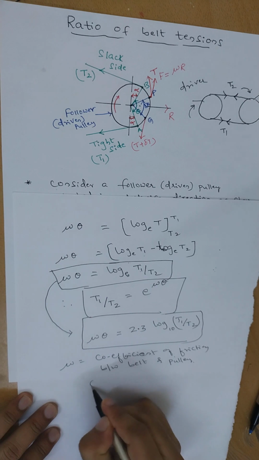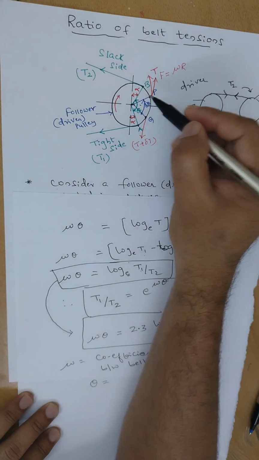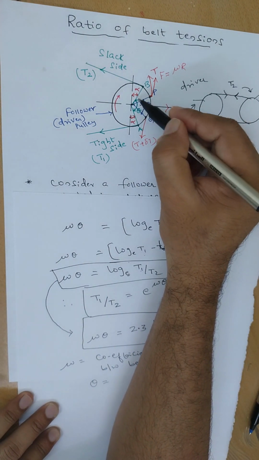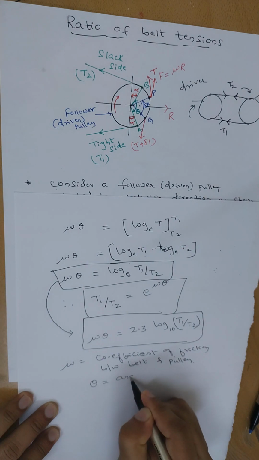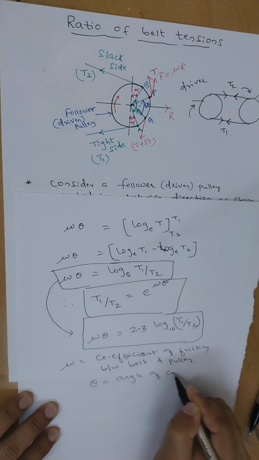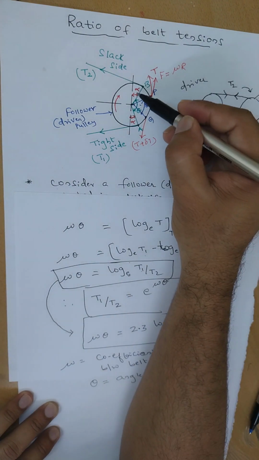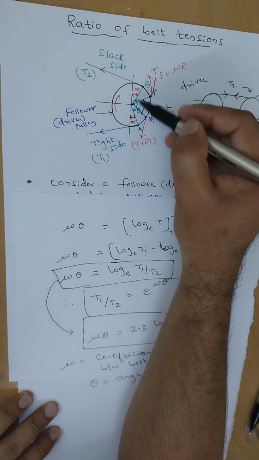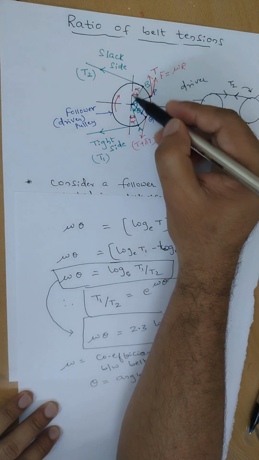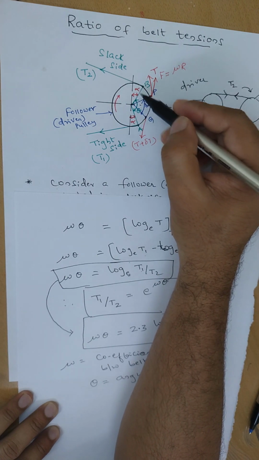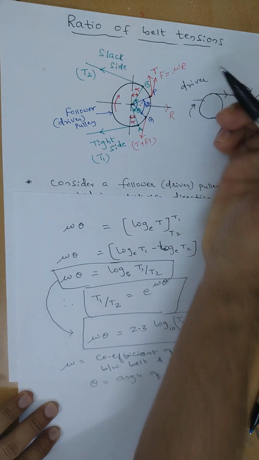What is theta here? Theta is the angle of contact. So here we will get one more angle. What is alpha here? Alpha is with respect to vertical we are getting here, right? That is the alpha.